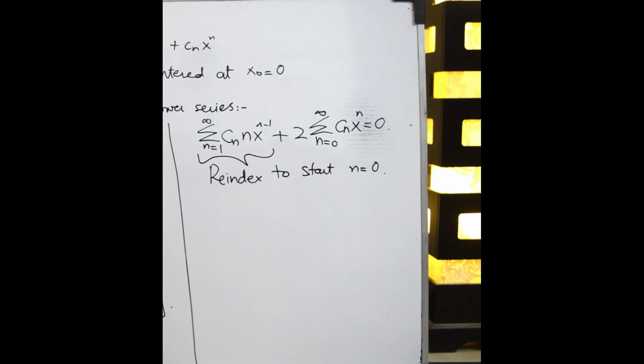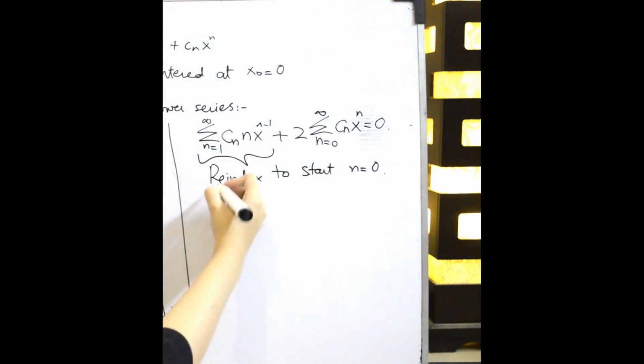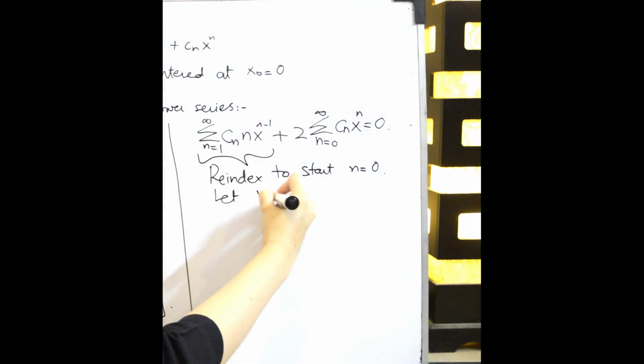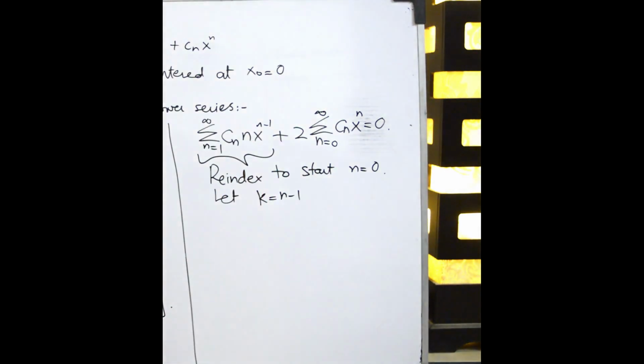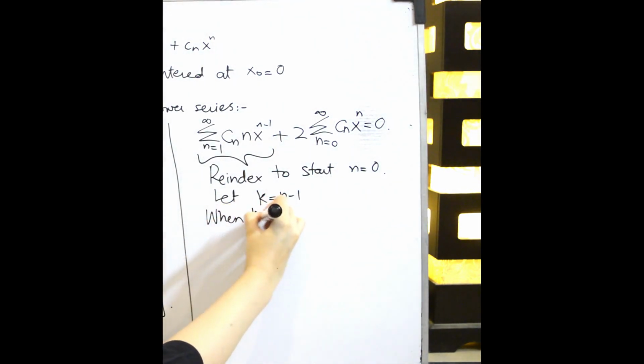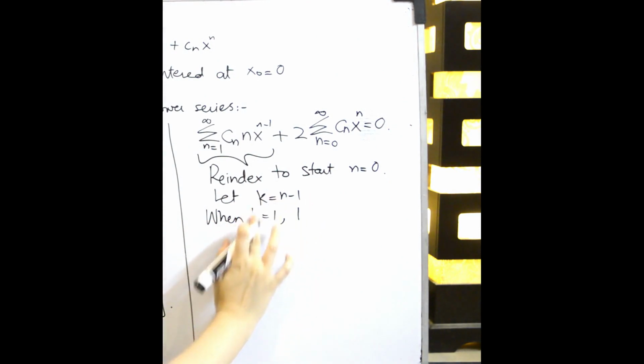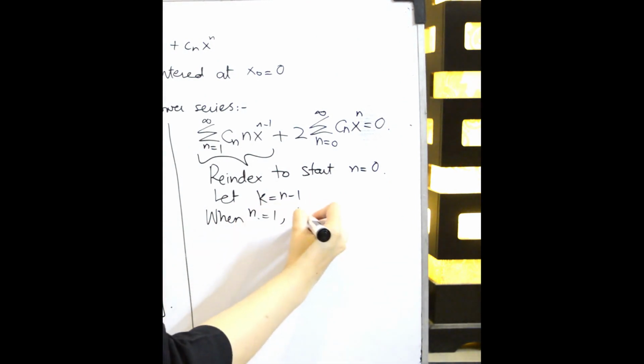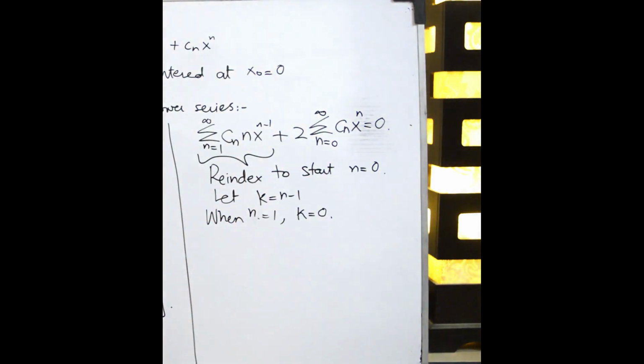Suppose we let k equals n minus 1. When n equals 1, k starts from 0. Now it is re-indexed.